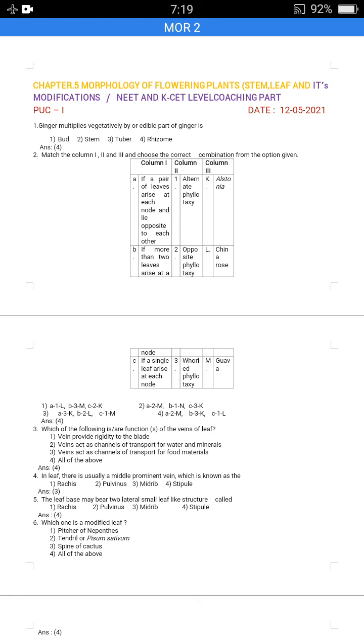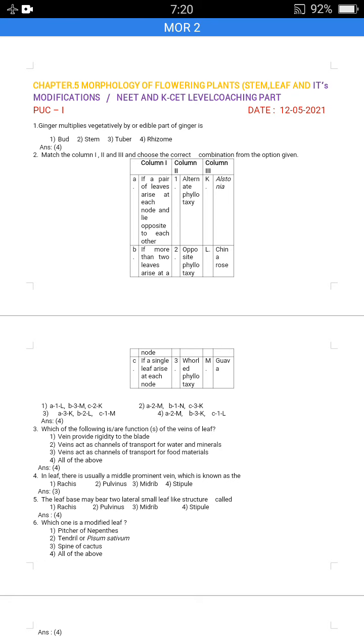So now let us see the matching. Alternate phyllotaxy, example China rose, means 1 is matching with L. Opposite phyllotaxy, 2 is matching with M, Guava. Next, whorled phyllotaxy is matching with K, Alstonia.